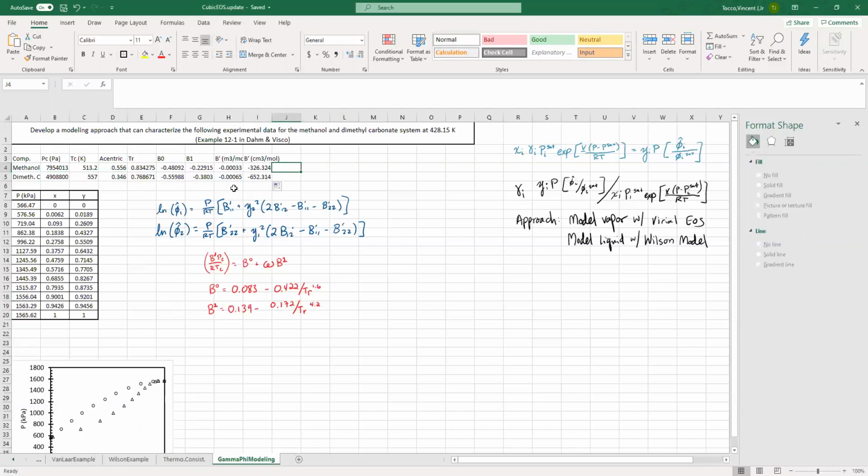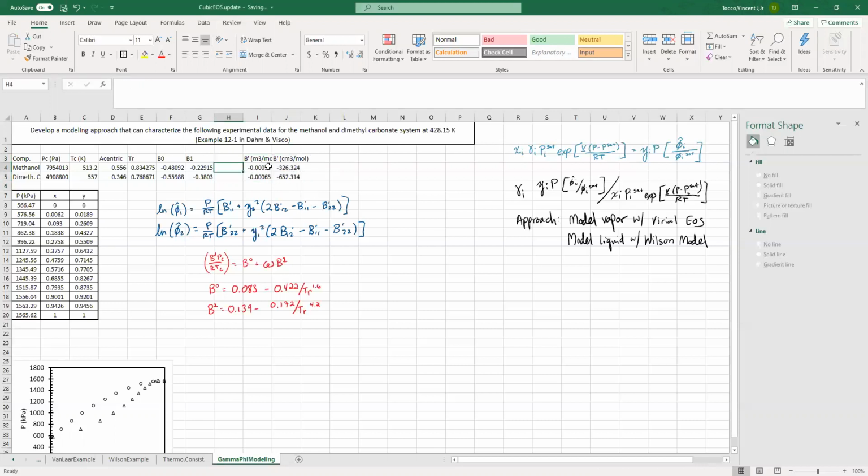Okay, pressing on, we've got B prime 1 and B prime 2. We now need to calculate B prime 1, 2. So I'm going to do that for both, right? Or actually, I want to make it a little bit clearer what I've got here.